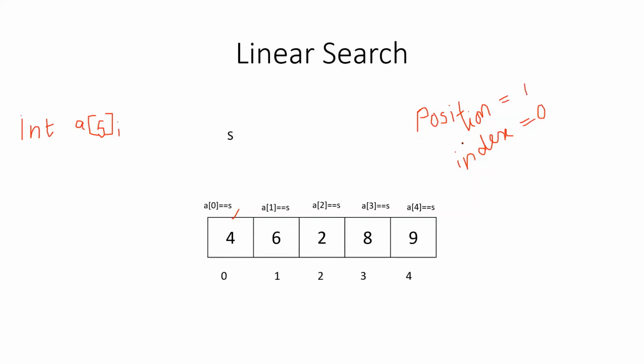Write in your notebook: position of element 4 is 1, while index number is 0. Similarly, for the element 6, position is 2, while index number is 1. Got it?